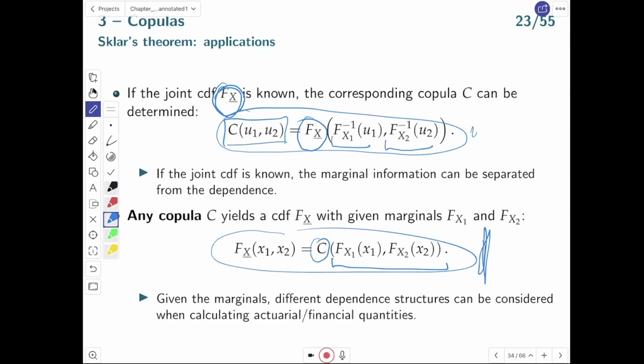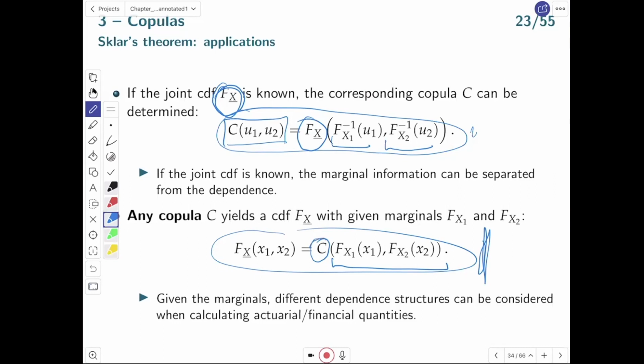Then you would think maybe I have to start my whole problem again. I have to take my data, do all the data crunching with my new dependence structure. But Sklar's Theorem tells you, well, wait a second, if you already know the marginal CDFs, you can skip that part. You just change your copula function, right?